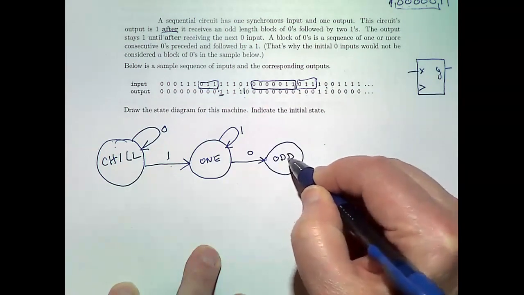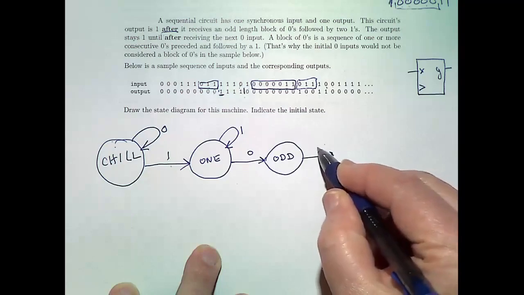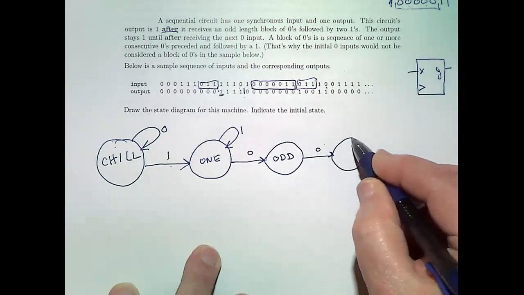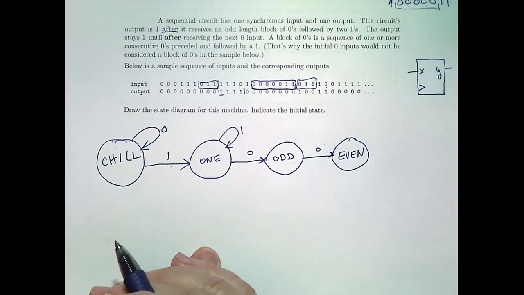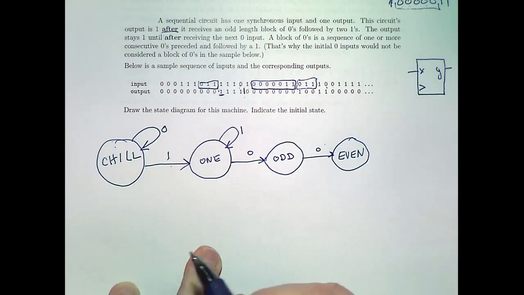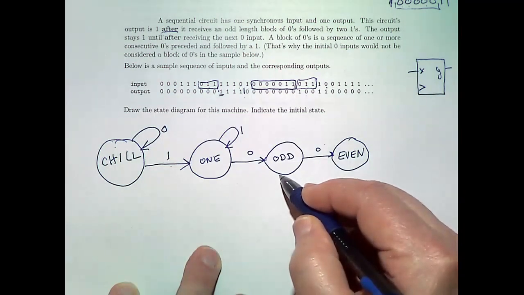And if we get a 0, we go to a different state named even. Okay. If we get a 1, I guess we need a new state for receiving the last 2 ones. Well, from where? From odd. From odd. So if I get a 1, yeah?